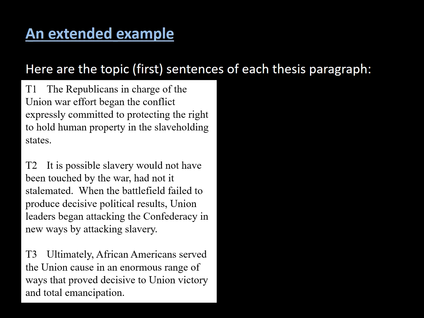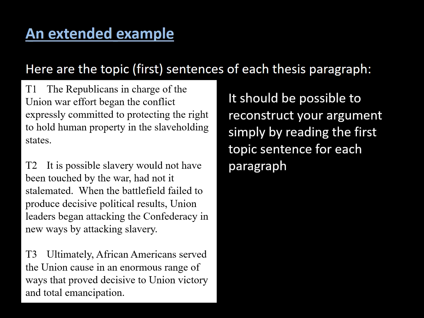African Americans serving the Union cause offered and helped achieve a decisive Union victory and total emancipation. So the answer to the problem of stalemate was emancipation. That is the case that we're making here. And this is what explains, despite all the factors mitigating against emancipation becoming a wartime Union aim, the factors that actually did lead it to become a wartime Union aim.